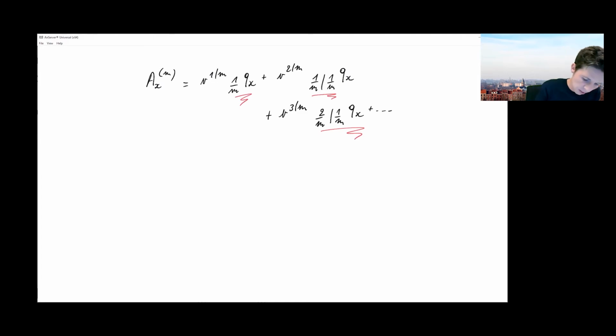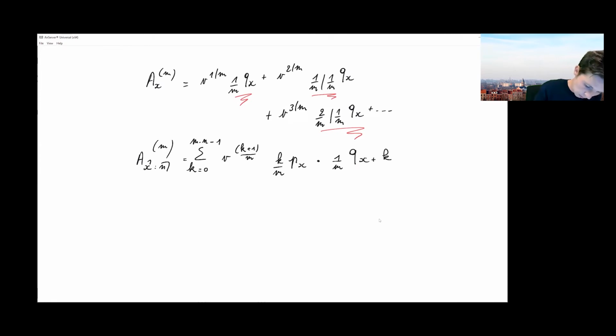And what I'm now going to say is, if you look at the notation that we just introduced for the term insurance that works in periods where we split the year into m equal time intervals, then we have the following summation formula. So that would be v to the power k plus 1 over m, and then you would have k over m px multiplied with 1 over m q x plus k over m.